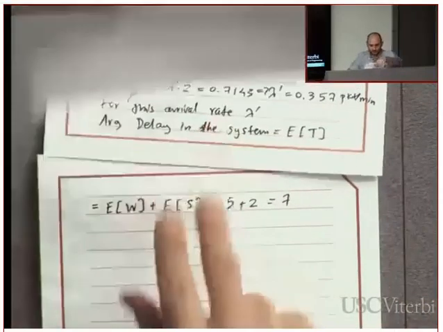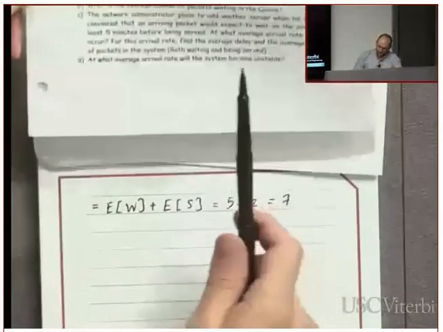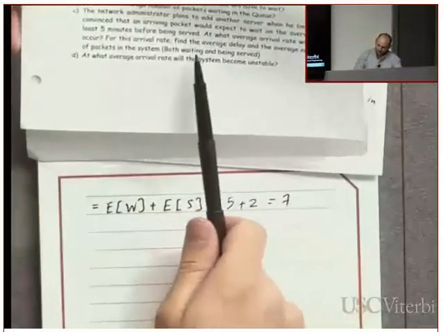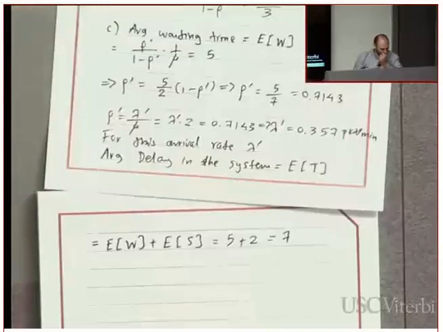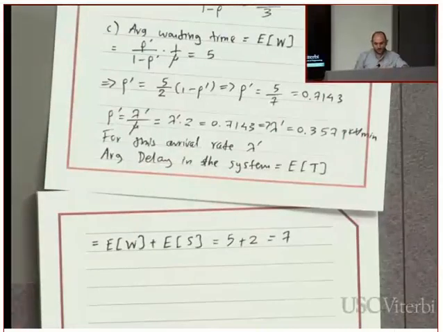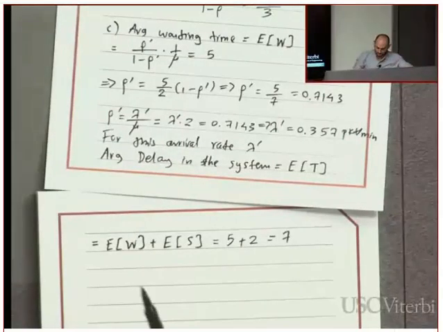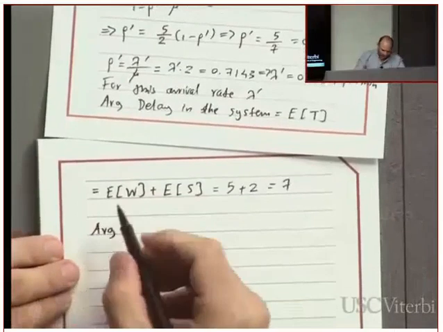So we answer the question, for this arrival rate, find the average delay and then the average number of packets in the system. So now we want to find the average number of packets in the system. Any questions?